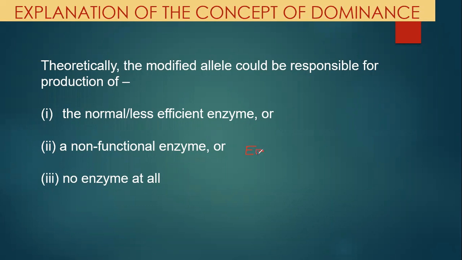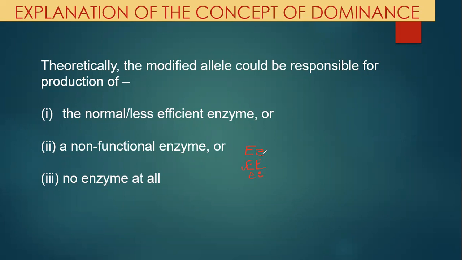And there is another allele, small e, which is a bit recessive. Suppose this capital E is considered the normal allele, and this small e is considered a slightly modified allele.